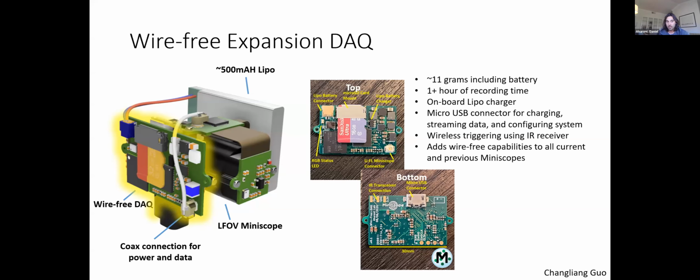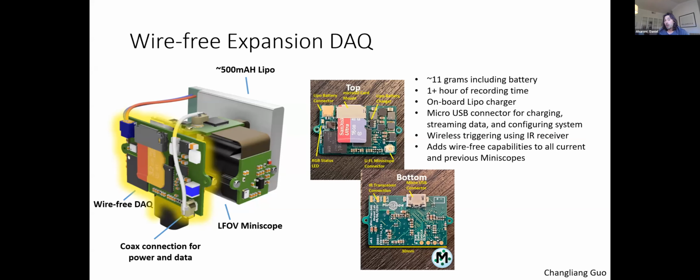It's battery powered, logs data onto an SD card, but just connects over a coax cable. So the same board can connect to a V3 Miniscope or a V4 Miniscope, and then just turn the system into a wire-free setup. You're working with rats. Rats are happy to carry even a backpack with a battery in it. And SD cards now have a ridiculous amount of storage capacity.